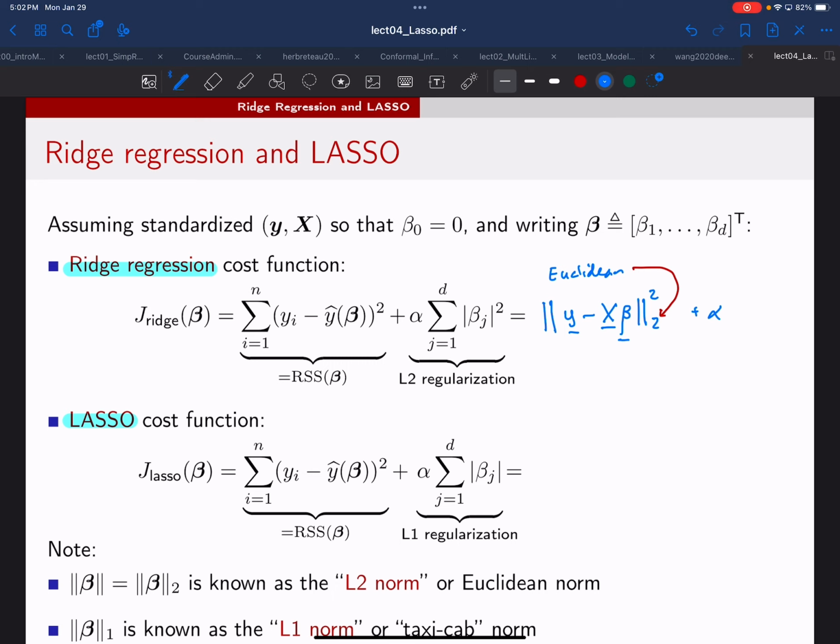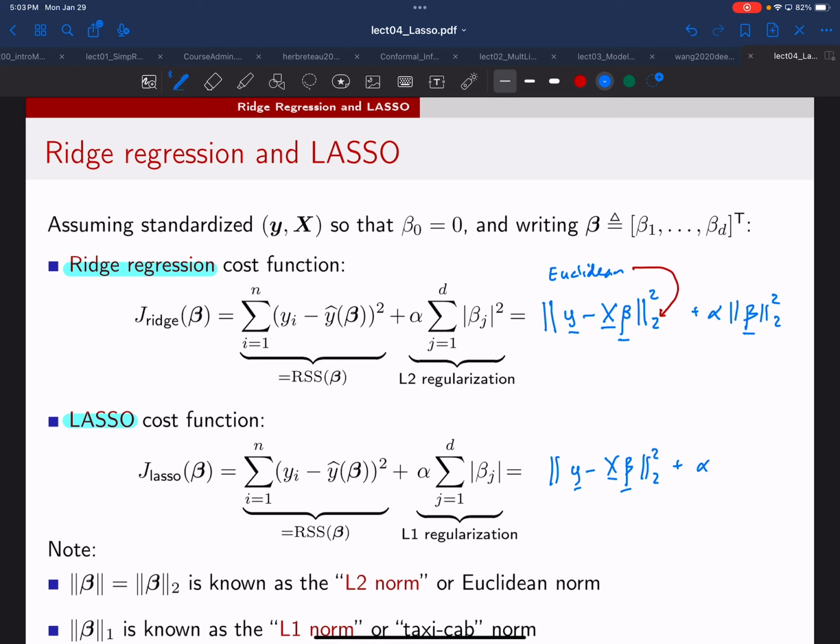Okay, Seth, so how can we write the L2 term with a norm? Exactly. I'll put a little 2 there. Okay, and then for the other cost function, the first term is the same.